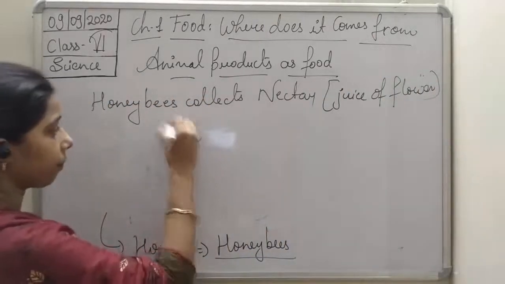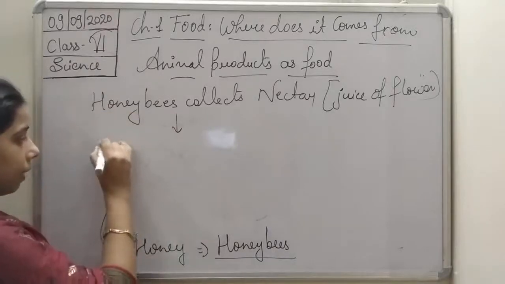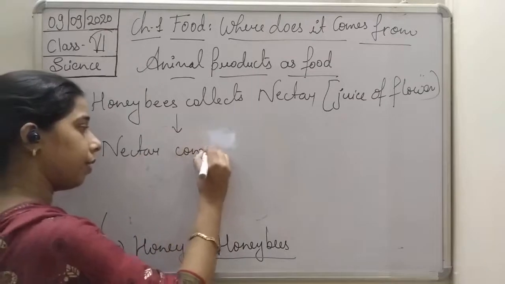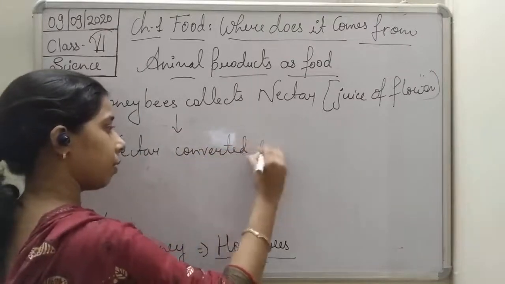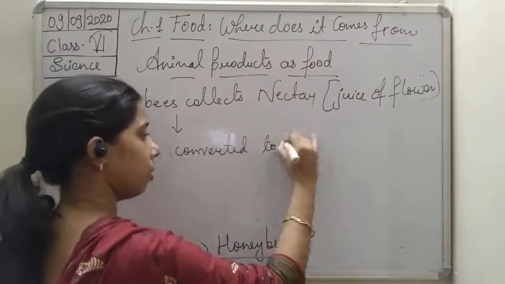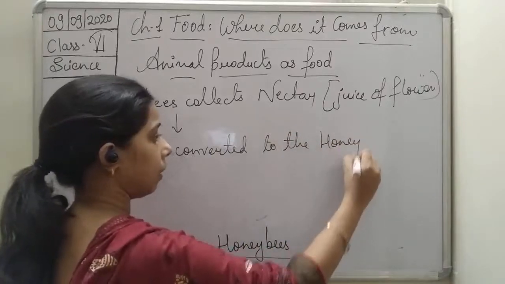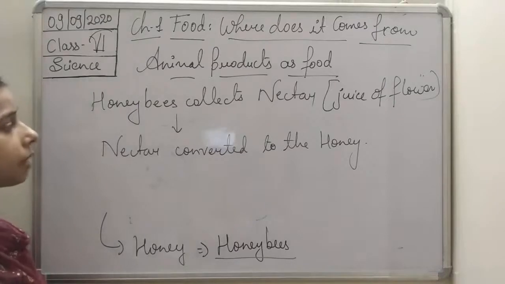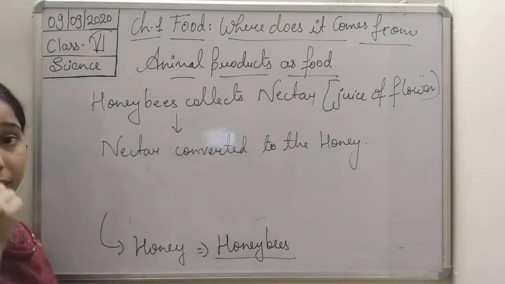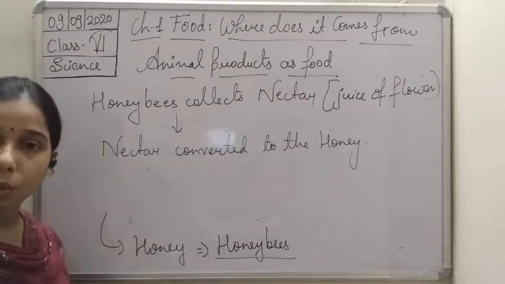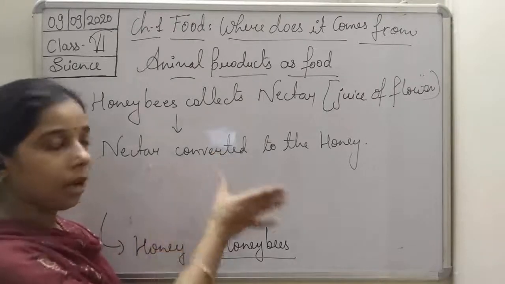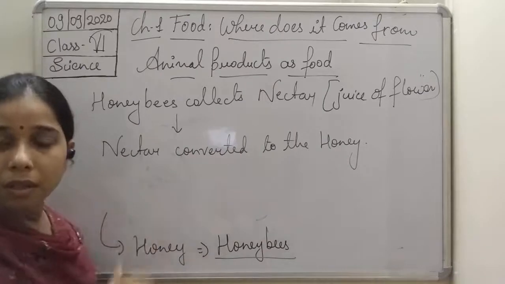Then this nectar is converted to honey. So nectar is collected by the honeybees. They take this nectar to the honeycomb, and there it gets converted into honey.